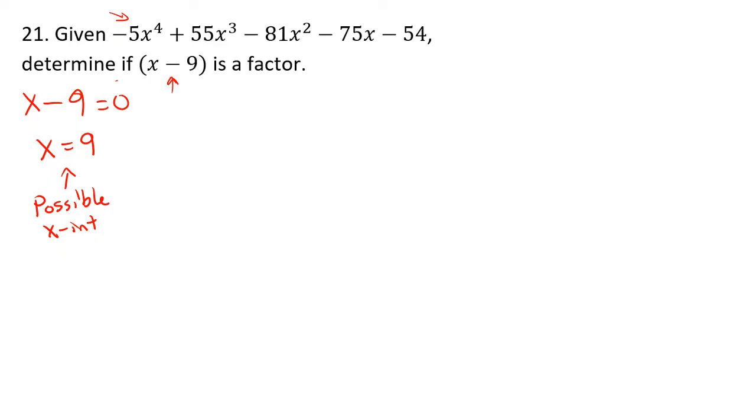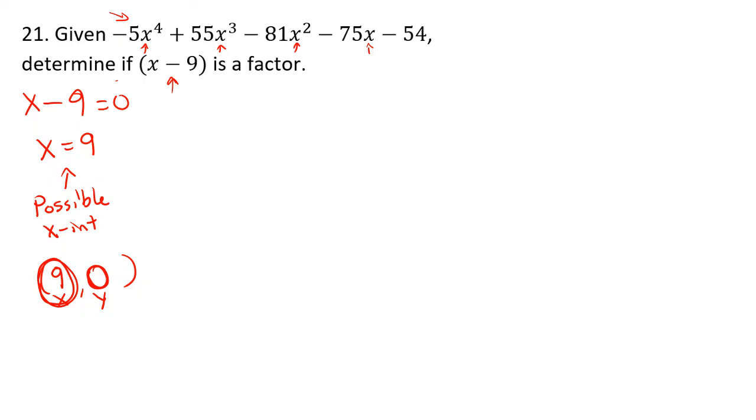Because if this is a factor of this polynomial, then it would provide an x-intercept. So x-intercepts as a point is an xy. So the x is 9, but the y for an x-intercept is always 0. So if we take the 9 and we plug it into the x's and we get the number 0, then we've proven that 9 is an x-intercept. Therefore, x minus 9 would be a factor of the polynomial.